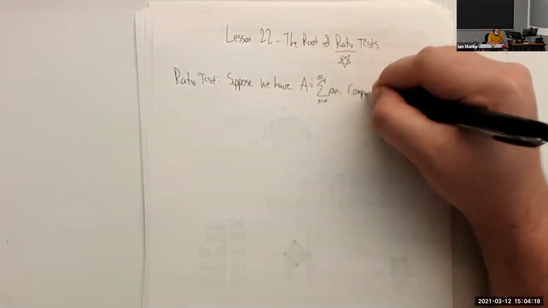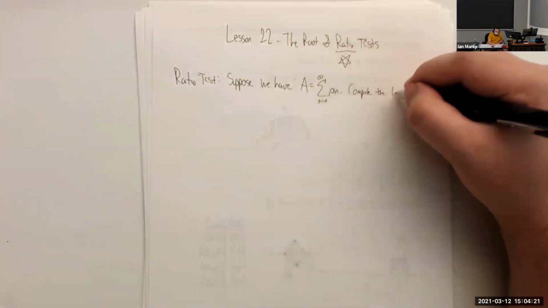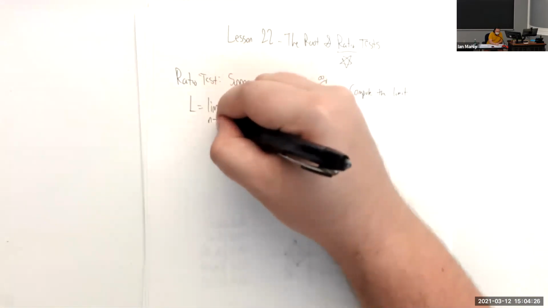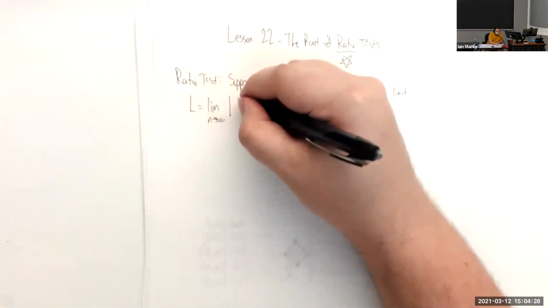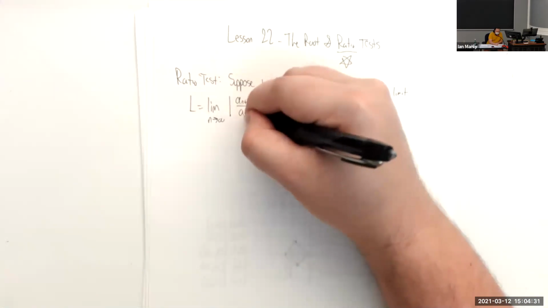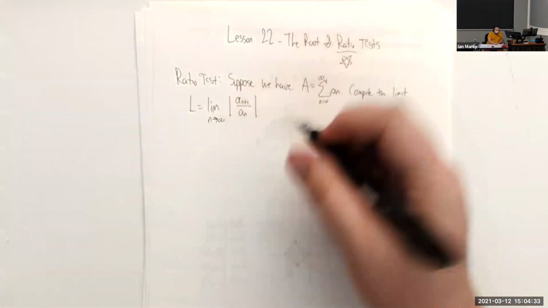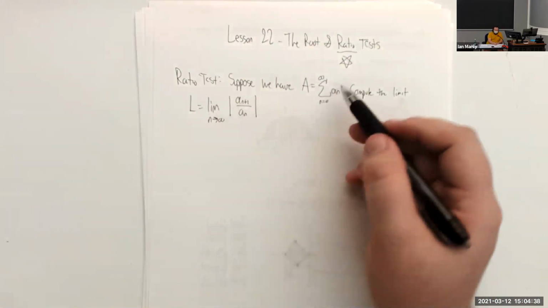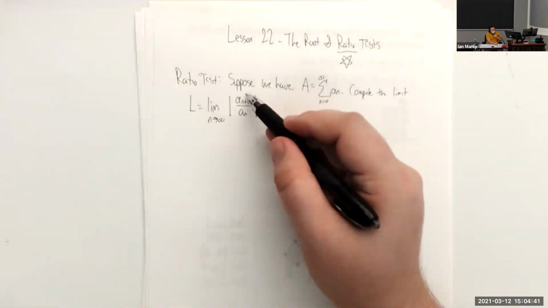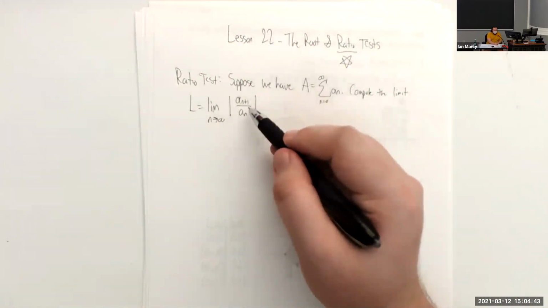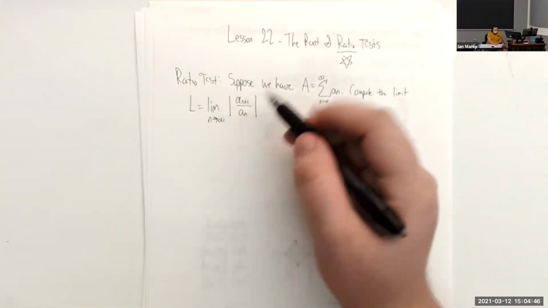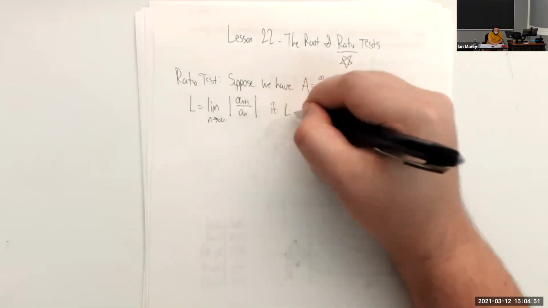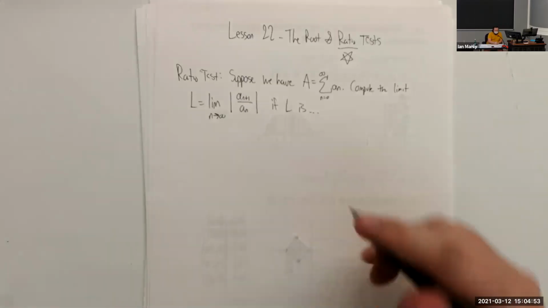What we do is compute the limit L, which is the limit as n goes to infinity of the absolute value of a sub n plus 1 over a sub n. So we take the next term in our list divided by the previous term, and send that limit as n goes to infinity. Based on what L is, there are going to be three different instances.